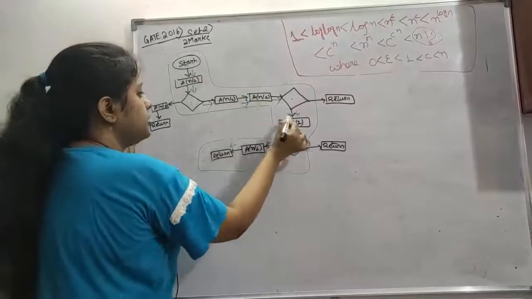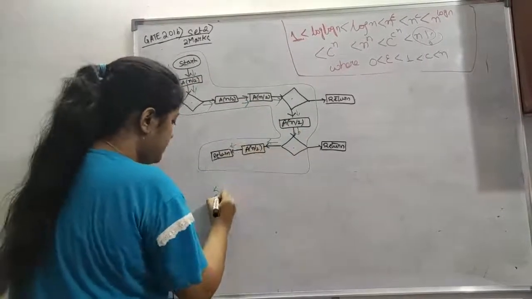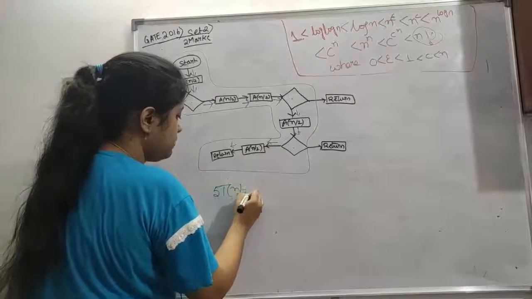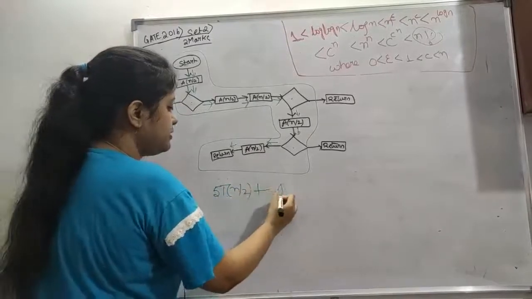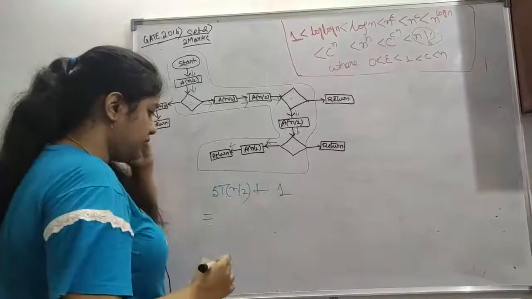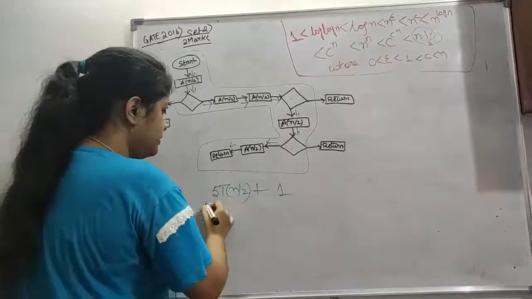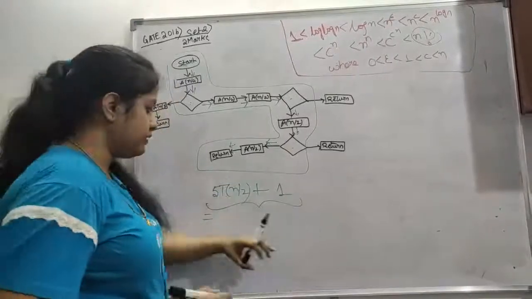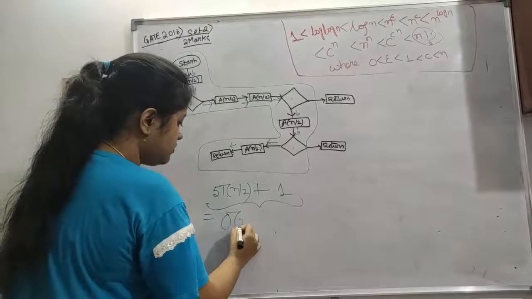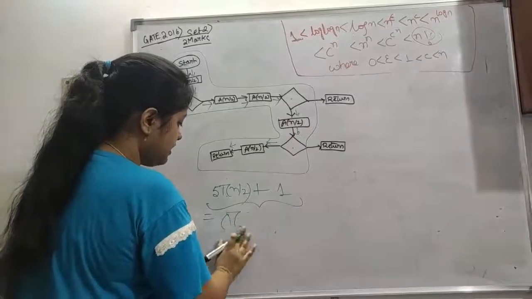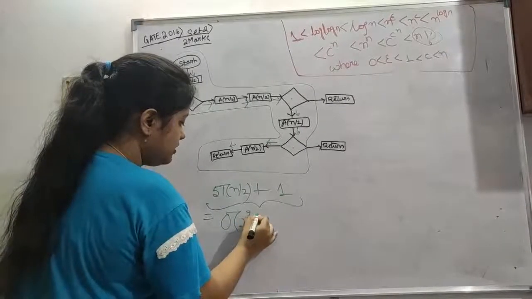So how many function calls are there? 1, 2, 3, 4 and 5. So it is 5T(n/2) plus some constant, let's say 1. In Master's theorem this is 5T(n/2) + 1, because there are 5 function calls, 1, 2, 3, 4, 5, and some constant time is obviously needed for the decision box, start and return. It comes out as order of n^2.32 or something.